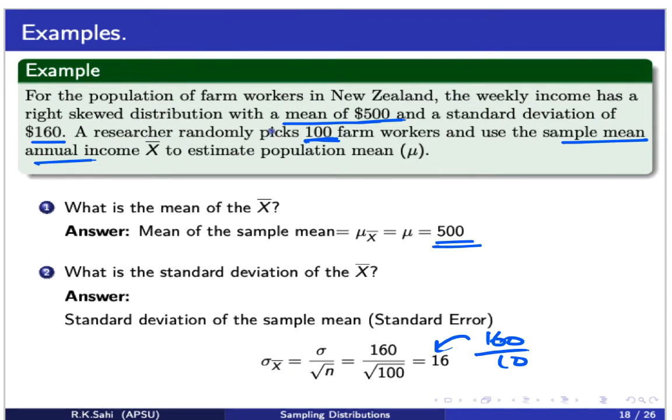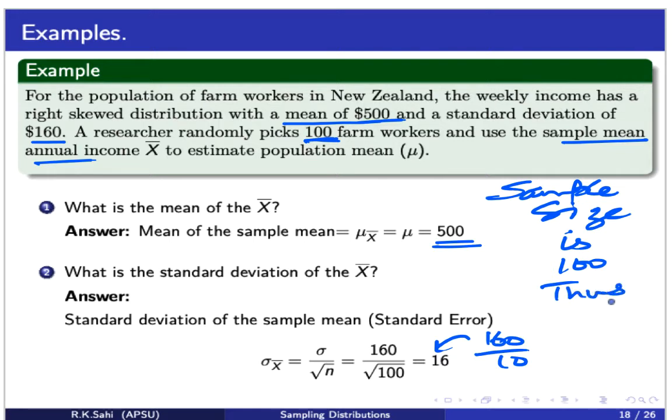So remember, as our sample size is 100, the sample mean has a normal distribution with mean mu and standard deviation sigma over square root n. Just keep that in mind.